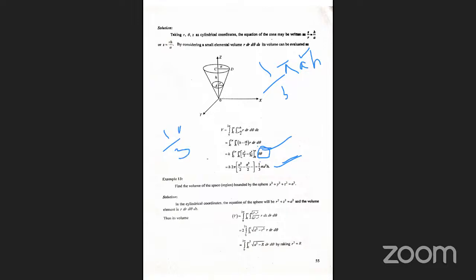What is this one? Volume of the cone. The volume of the sphere is 4 by 3 pi r cube, and for the cone it is 1 by 3 pi r square h.